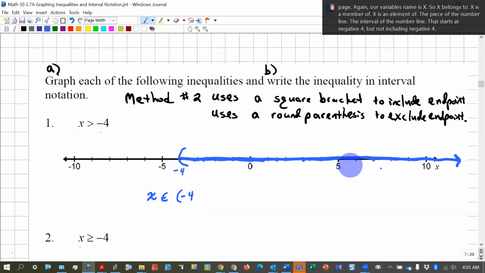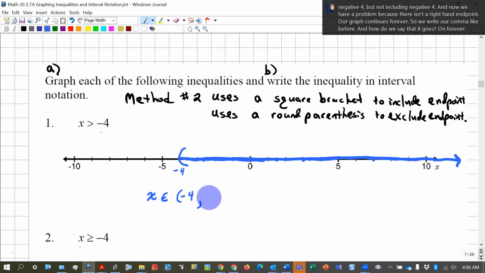And now we have a problem because there isn't a right-hand endpoint. Our graph continues forever. So we write our comma like before. And how do we say that it goes on forever?